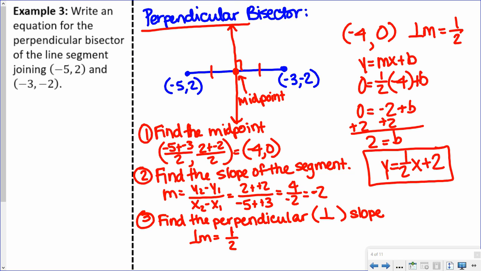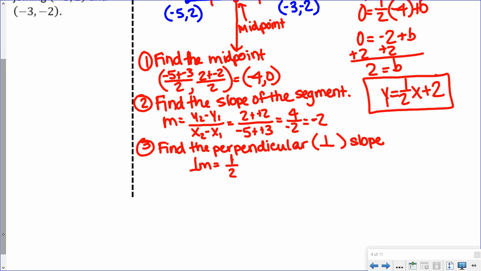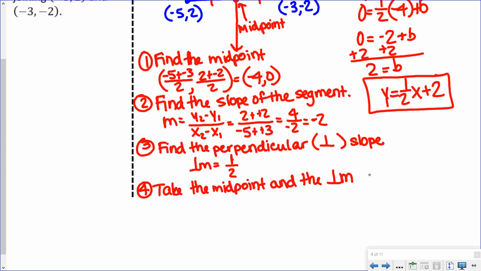So then some steps here I didn't write down, but we actually did. Once you find the perpendicular slope, then take the midpoint and the perpendicular slope to solve for b in y equals mx plus b.